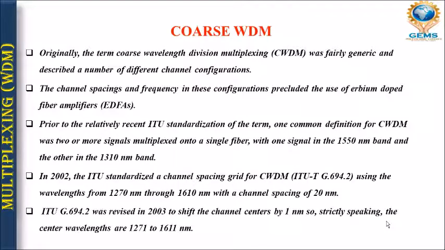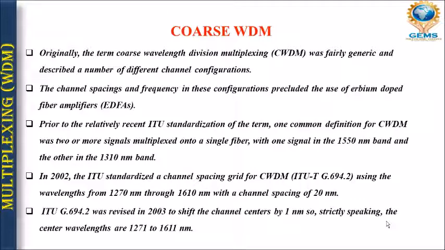Another type of ITU standard is also known as G.694.2, which was revised in 2003 to shift the channel center by 1 nm. Here we have the wavelength range of 1271 to 1611 nm.